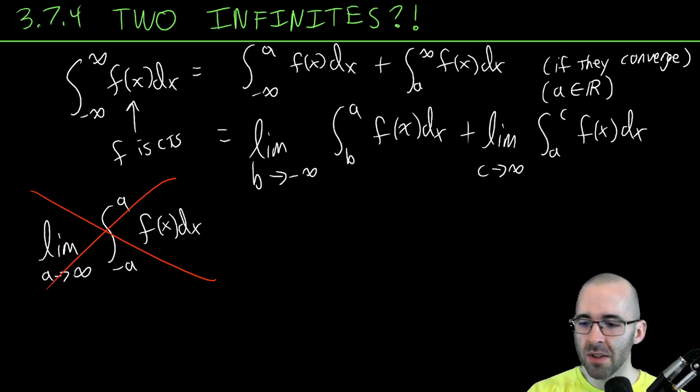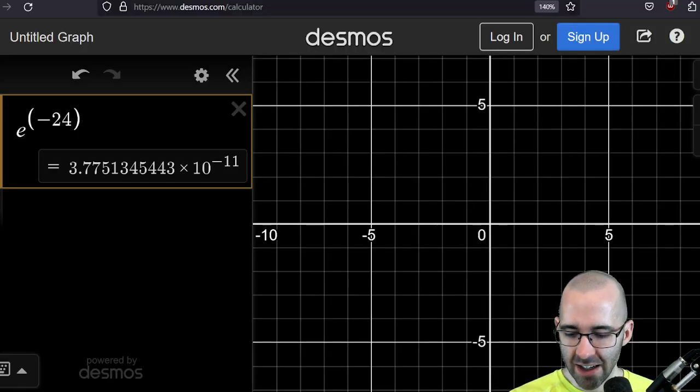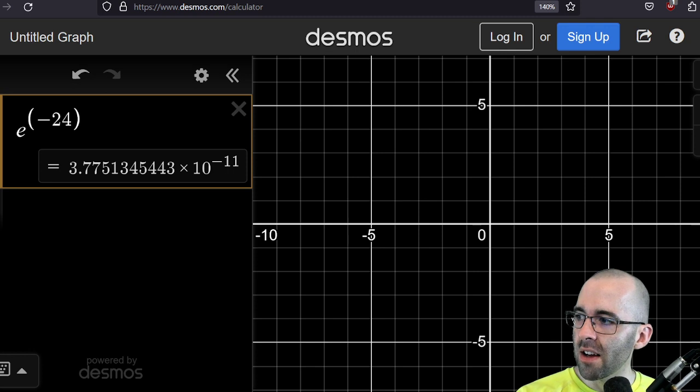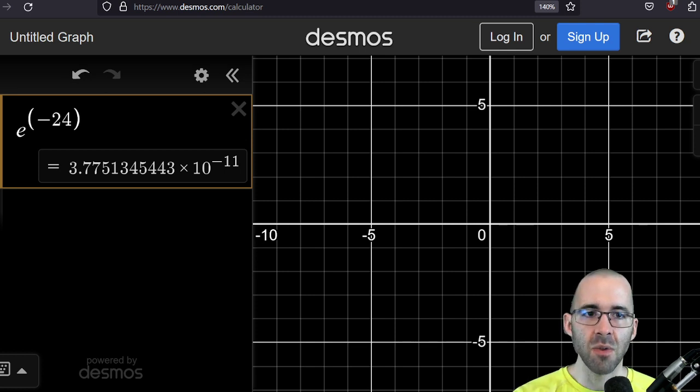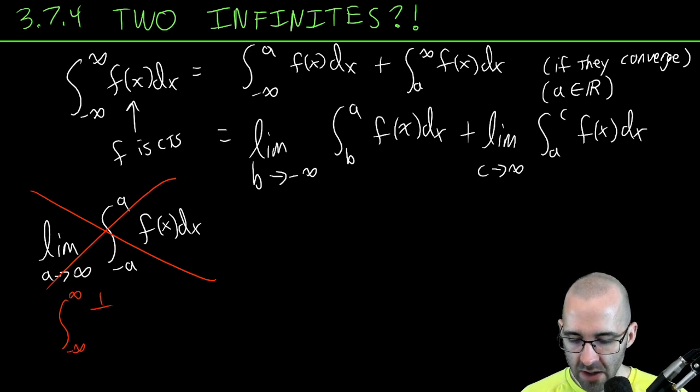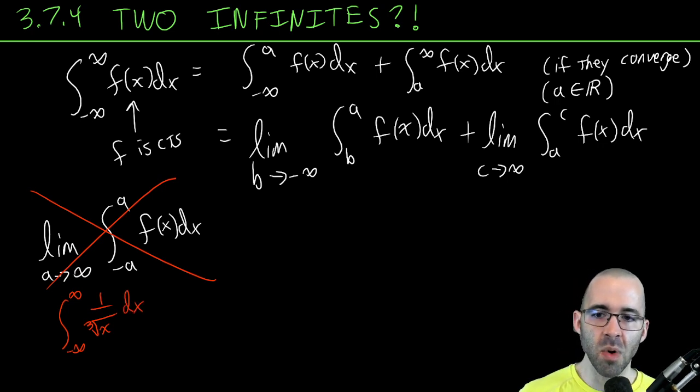As an example, wait, I did have an example. Maybe I deleted it. I think it was 1 over the cubed root of x from negative infinity to infinity, kind of one example of this not working. A lot of times when we disprove something, providing a counterexample is important.